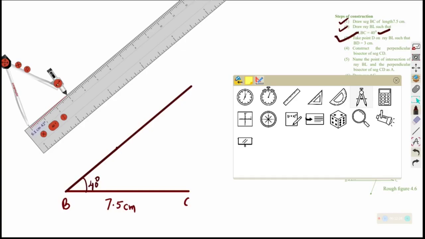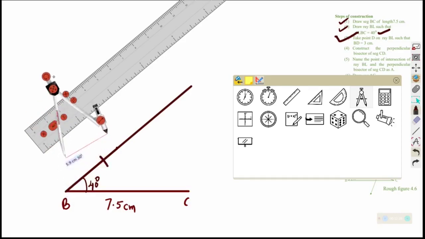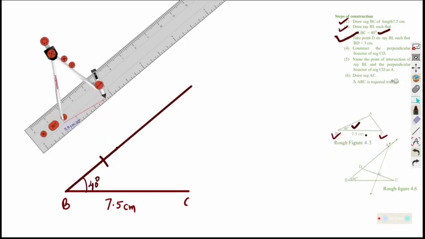So the compass is having a measure of 3 centimeter now, and we will mark accordingly. Okay. Now 3 centimeter is marked, that much is okay for us.